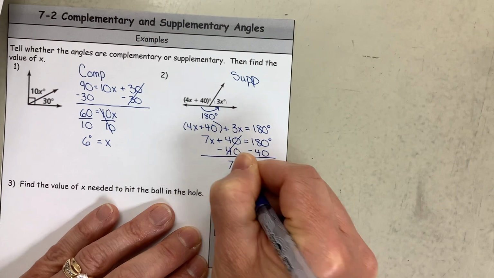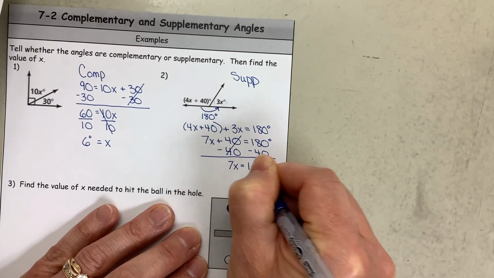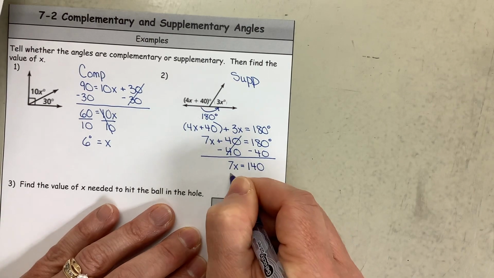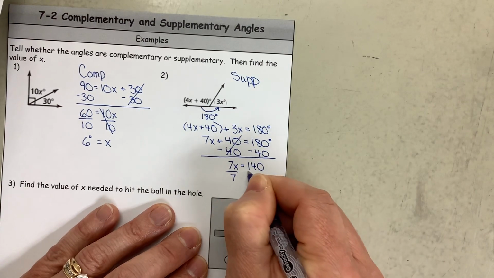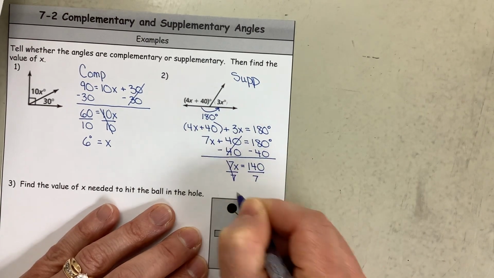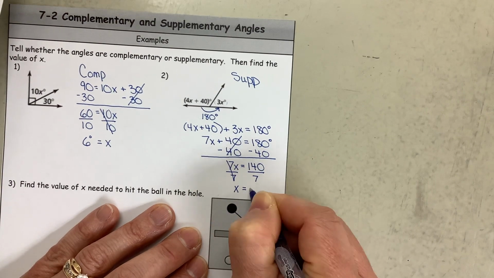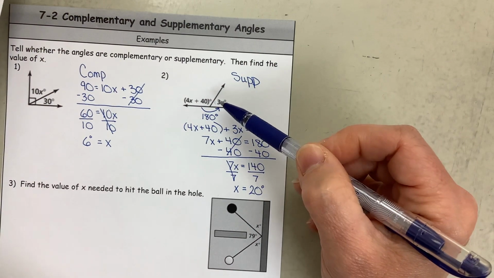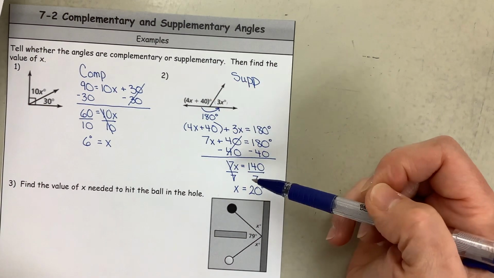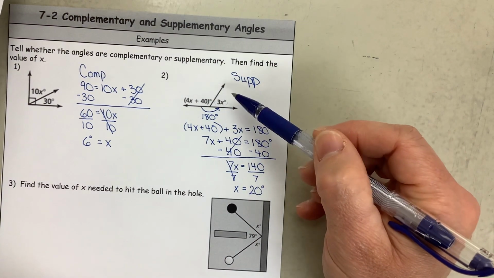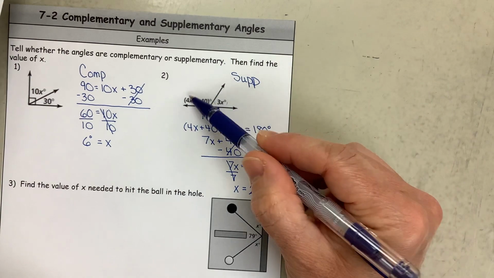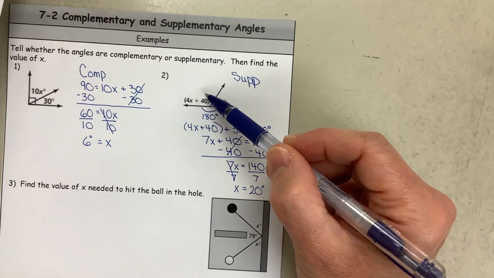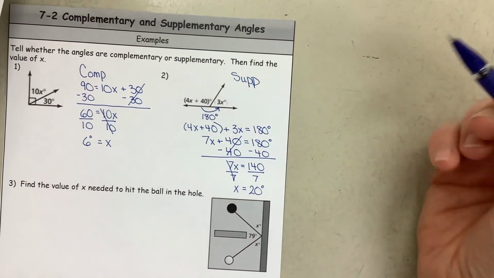That leaves us with 7x equals 140. Now I want x alone, so I'm going to divide both sides by that 7. And that leaves x is 20 degrees, which means this angle would be 3 times 20, so 60 degrees. And then this angle, 4 times 20 is 80, and 80 plus 40, so this angle is 120 degrees.